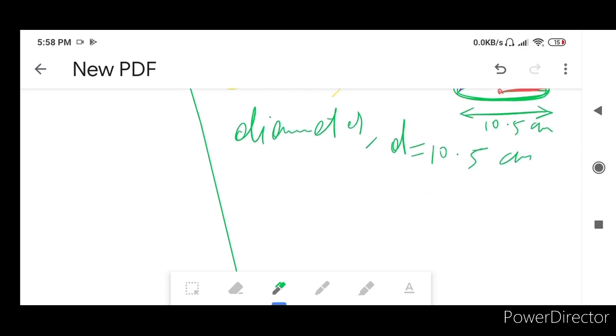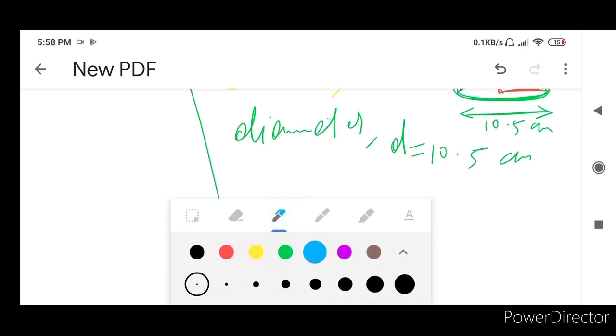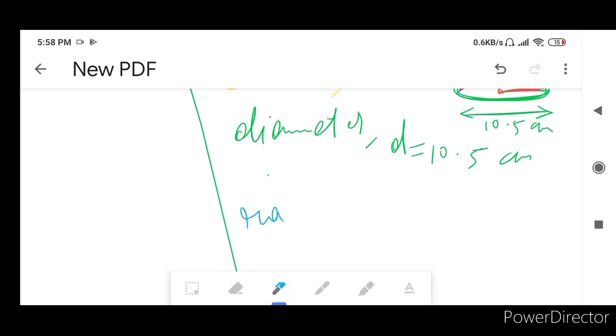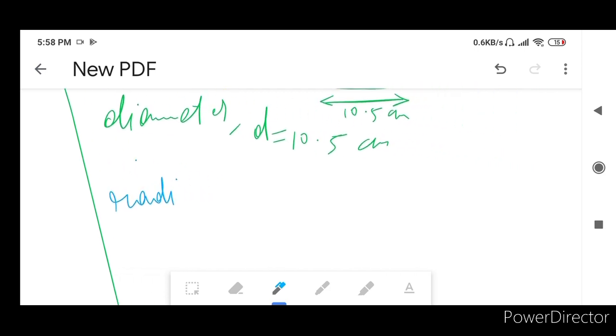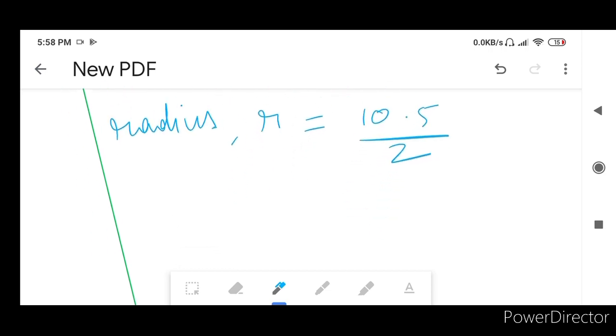So therefore radius R will be 10.5 divided by 2. Clear?